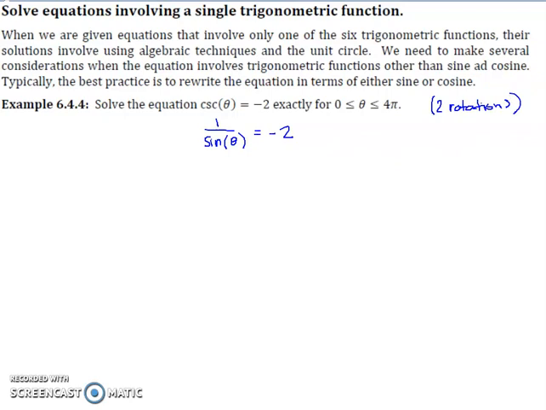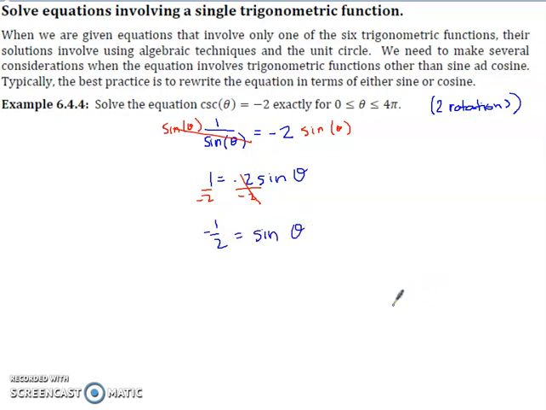So to solve for sine of theta, I'm going to go ahead and multiply both sides by sine of theta. That gives me 1 equals -2 times the sine of theta. And then just like in our previous examples, I divide by -2 on both sides, and I get -1/2 is equal to sine of theta.